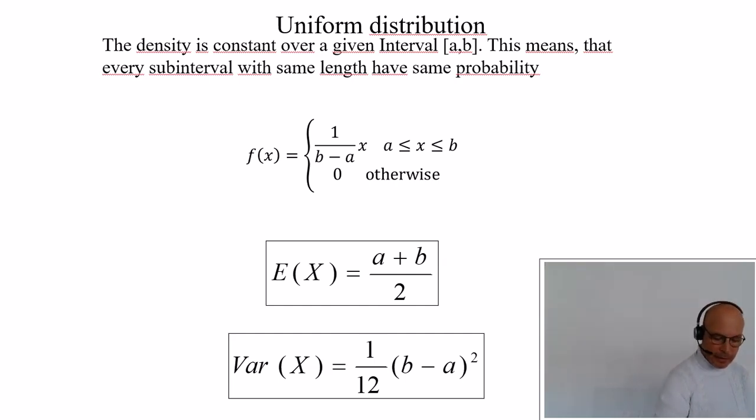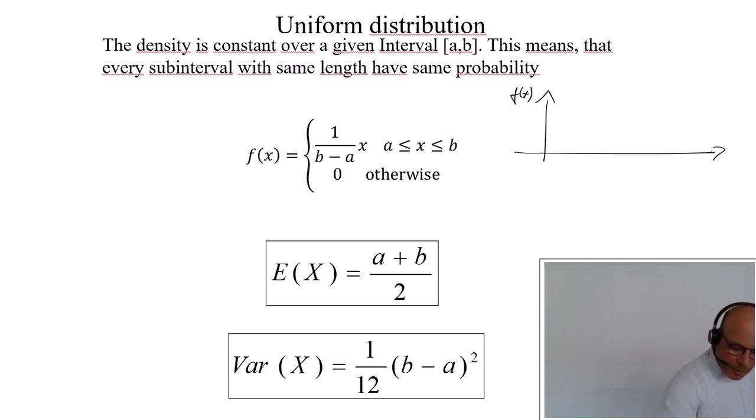Well, and this means such a density function would look like this, starting at A up to B. Within this interval, the condition that every interval with the same length has the same probability means that we have a horizontal line.